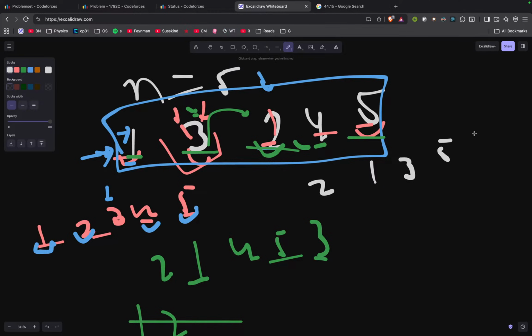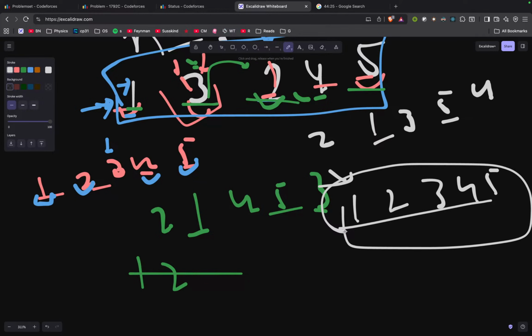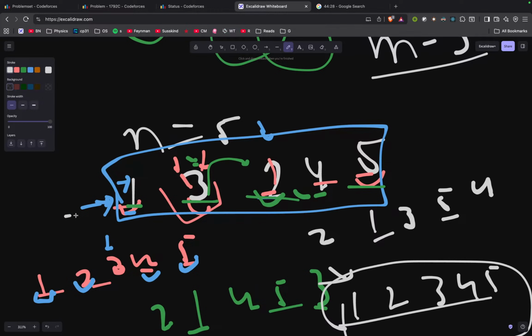Wait, where is 4? And then 4, and then we can choose 1 and 5, and we will get 1, 2, 3, 4, 5, which is in the correct order. Yep, that is in the correct order.